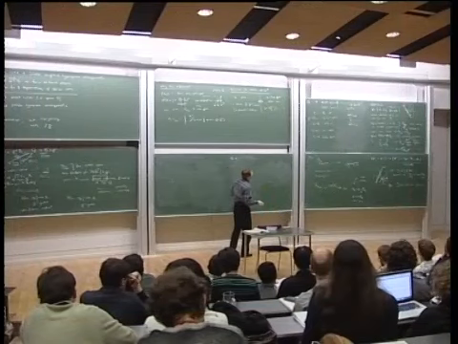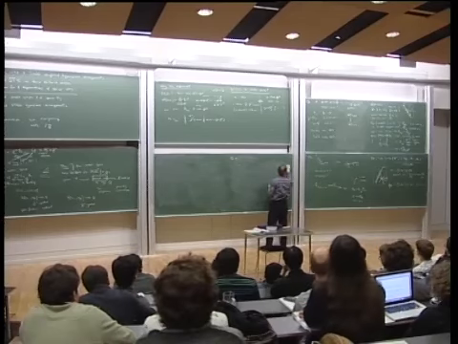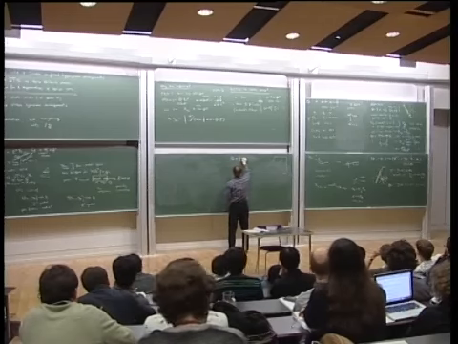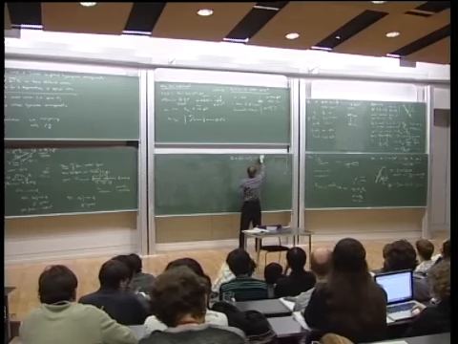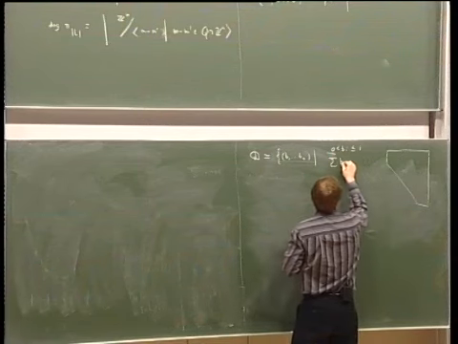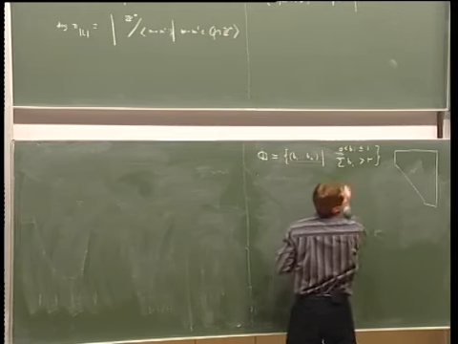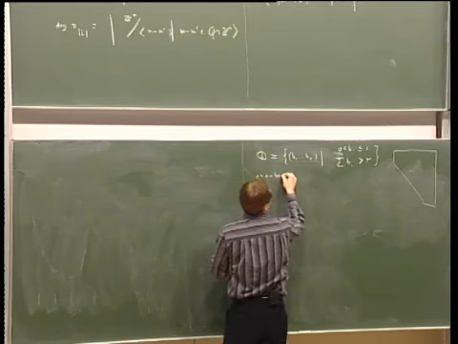So we will define a similar domain, and I will just copy it. Each b_i is between 0 and 1, and the sum of b_i is bigger than r. And we will have a chamber decomposition.